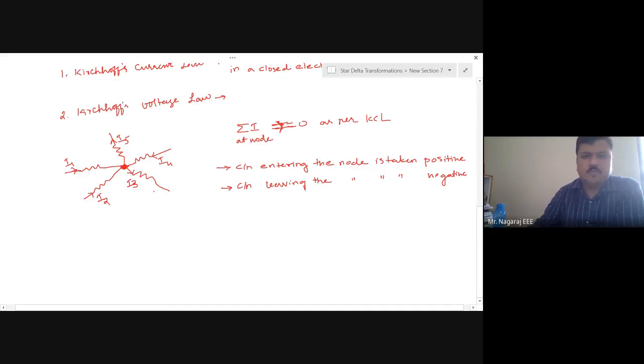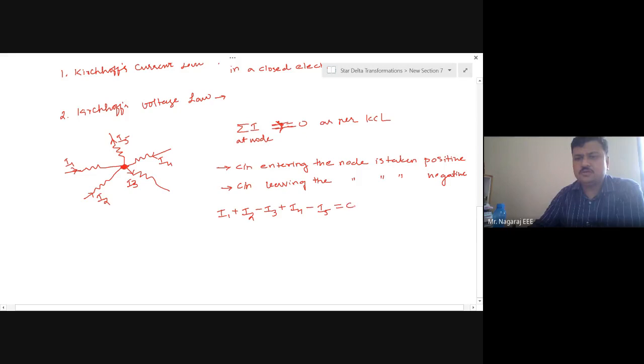Now take the sum. Current I1 is entering the node, I'll take it as positive. Current I2 is entering the node, positive. Current I3 is leaving the node, negative. Current I4 is entering the node, positive. Current I5 is leaving the node, negative.